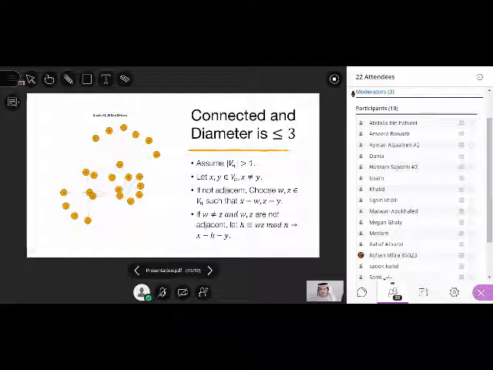Now, if they are adjacent, we are done, and it has a distance of 1. However, if they're not adjacent, by definition there should exist a w and a z in Vn such that x is adjacent to w and z is adjacent to y. If w and y are equal, then we have a distance of 2.